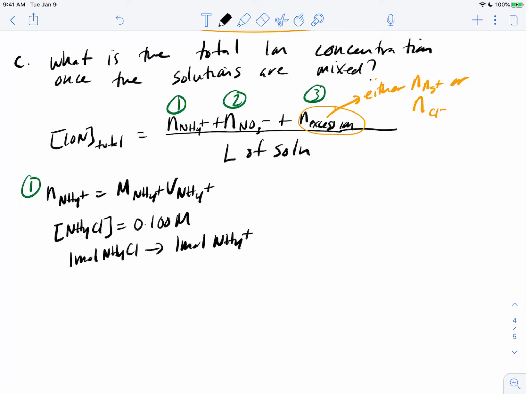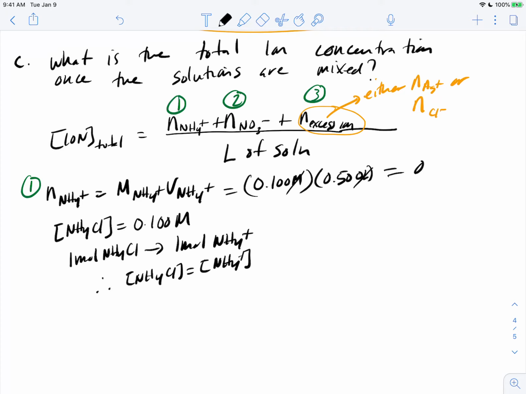Therefore, the concentration of ammonium chloride equals the concentration of ammonium. So the concentration of ammonium is 0.100 molar, and the volume was a half a liter. Make sure you use half a liter here and not 500 so that the units in molarity cancel out, and we're left with moles. So this is going to be 0.0500 moles of ammonium.